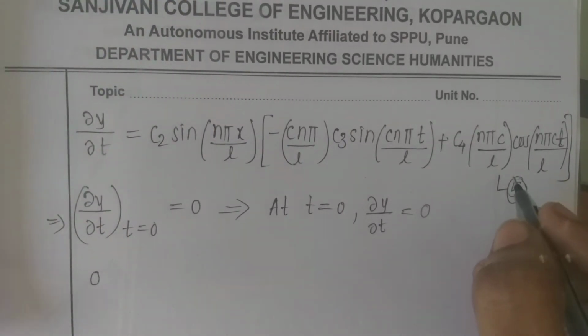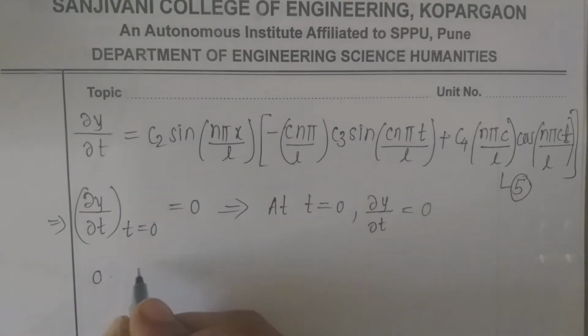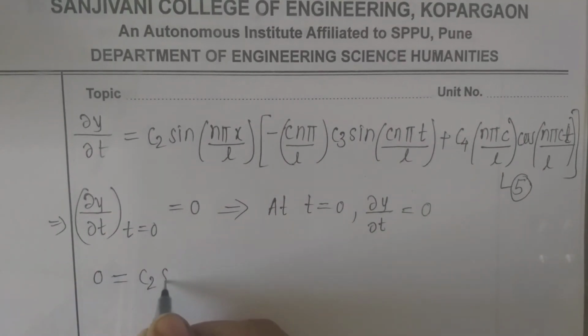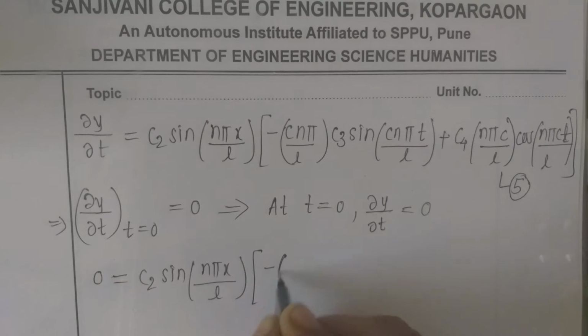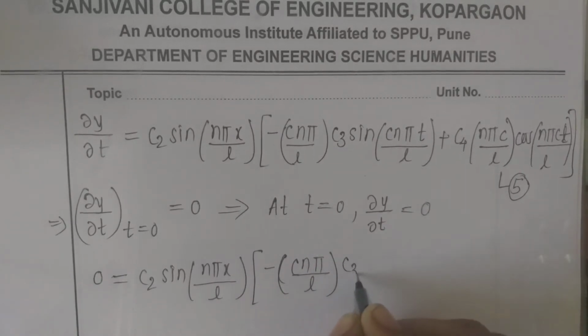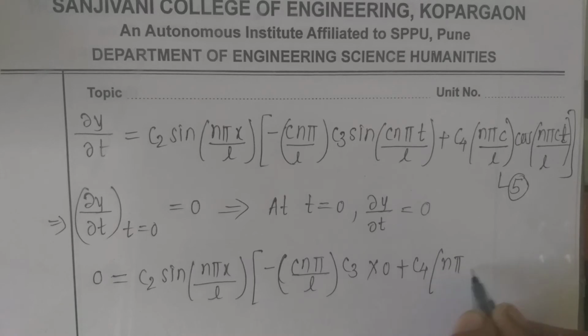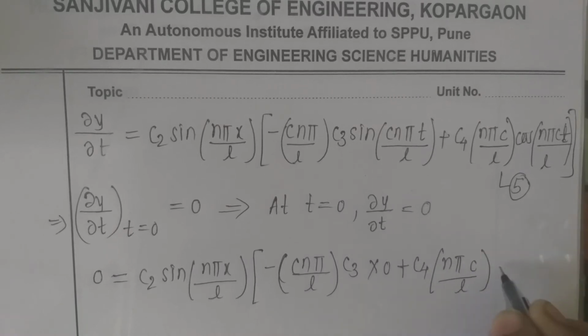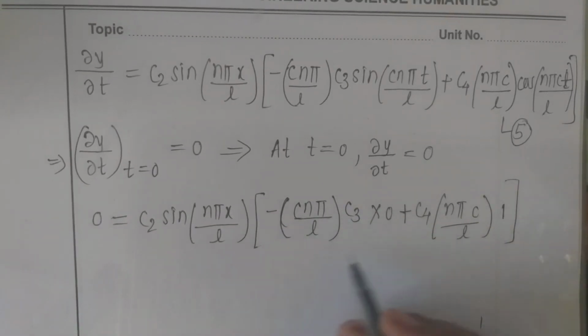So ∂y/∂t at t = 0 is 0. C2 sin(nπx/L) remains as it is. Put the value of t here: minus C nπ/L multiplied by C3 sin 0, which is 0, and cos 0 is C4 multiplied by nπC/L multiplied by cos 0, which is 1. So the first term is 0.